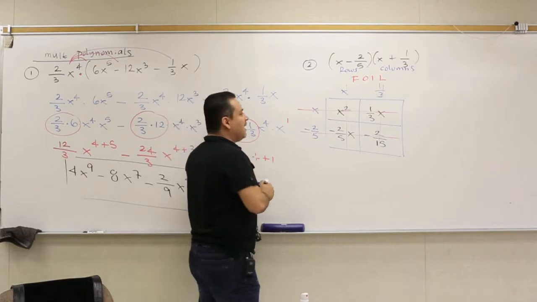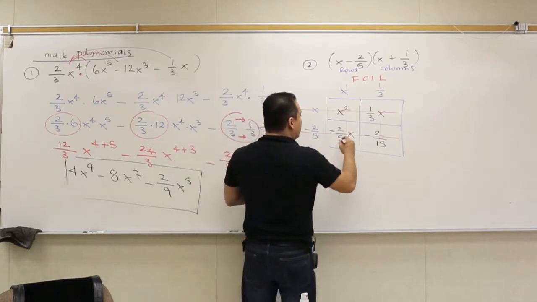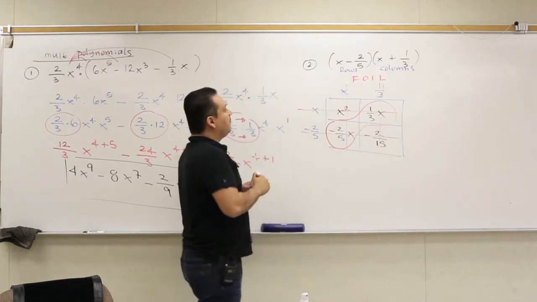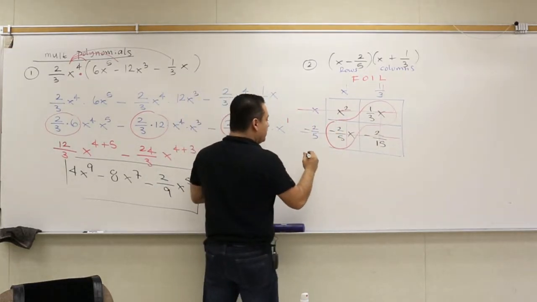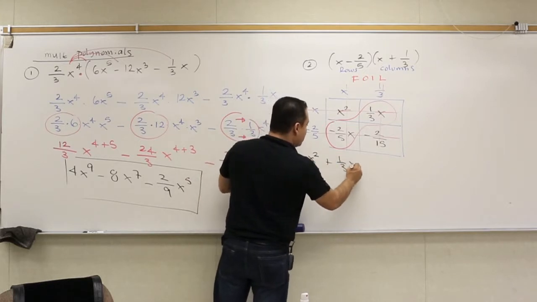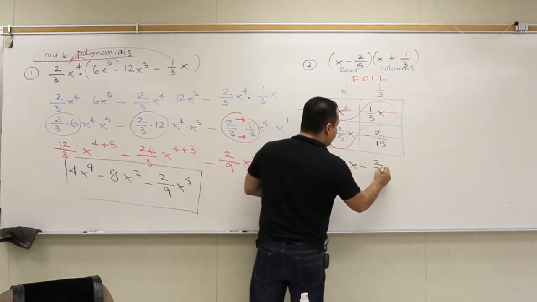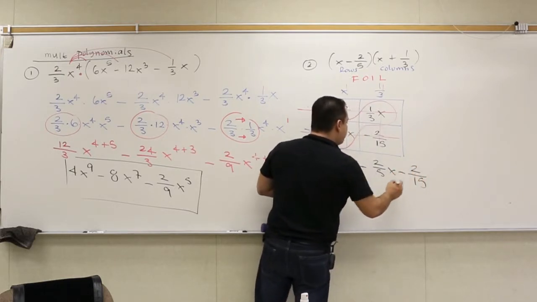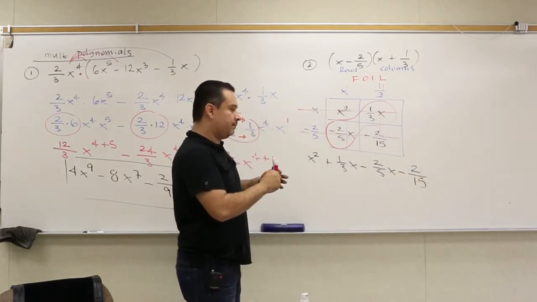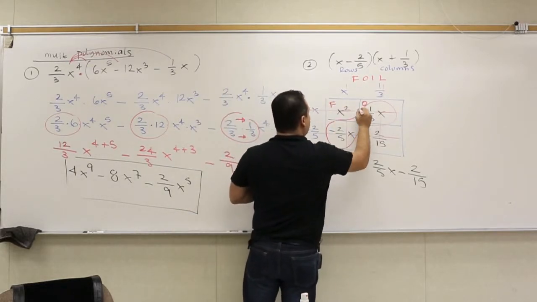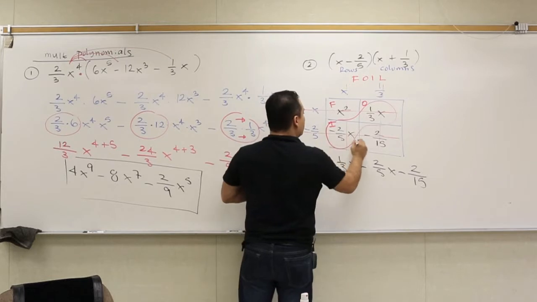And then notice yet again, you're going to have some like terms across these diagonals. Let's take a look. x squared plus 1/3 x minus 2/5 x minus 2 over what? 15.